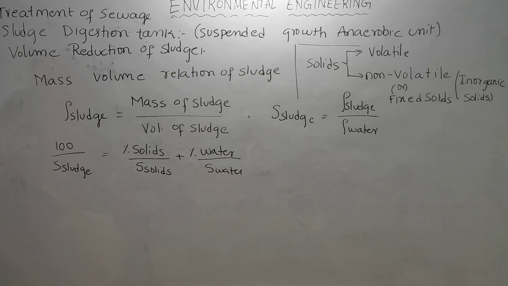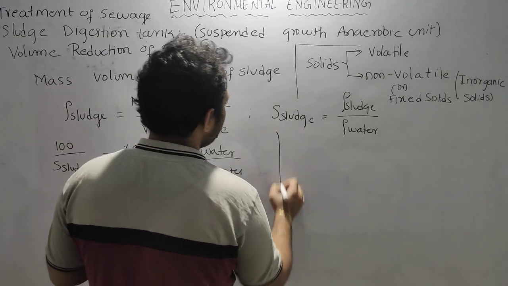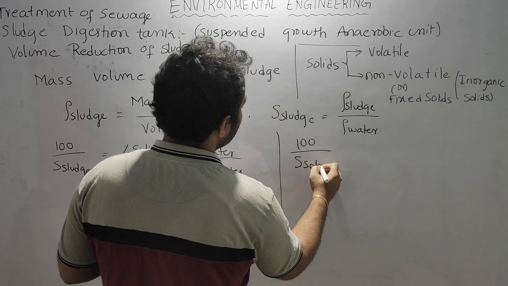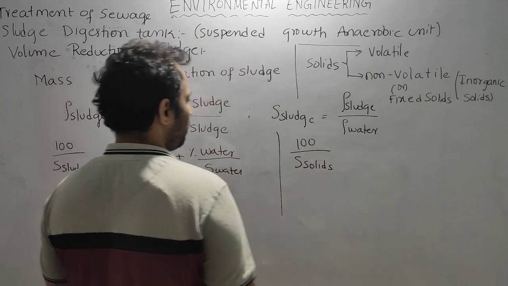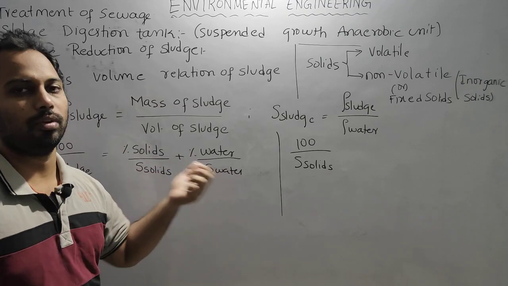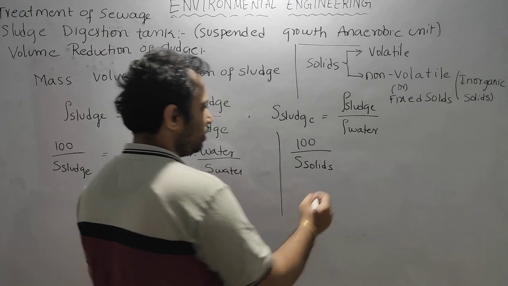Now here, if you want the solids, here this is solids. So 100 by specific gravity of solid. If the solid's specific gravity is not given, but the specific gravity of volatile solids and non-volatile solids is given, then we need to find the specific gravity of the solids from this formula.